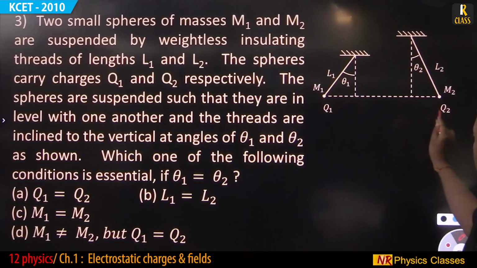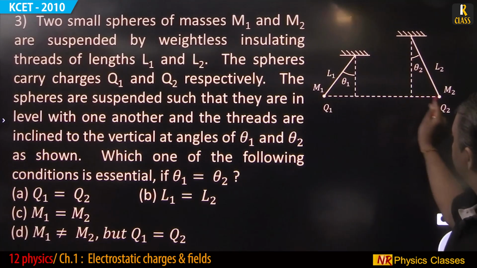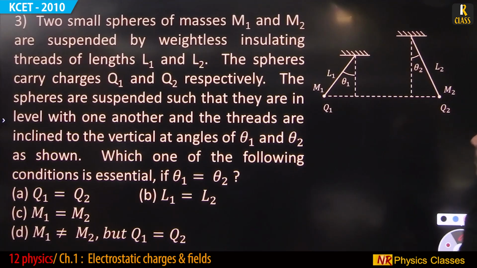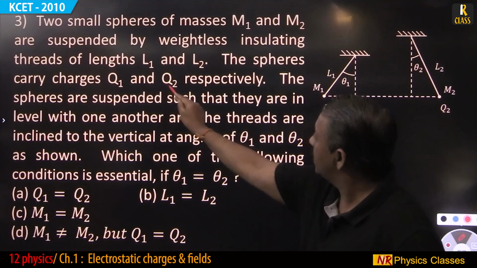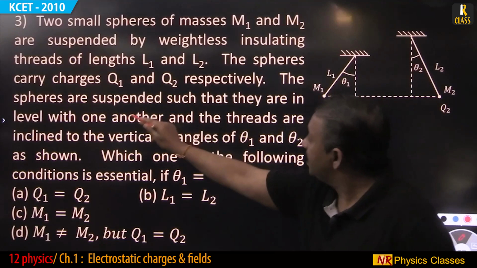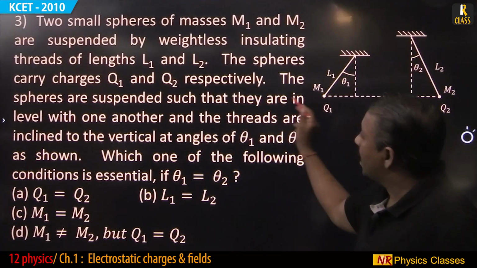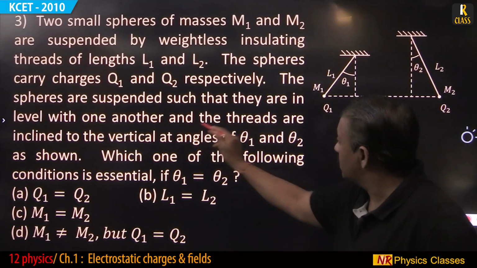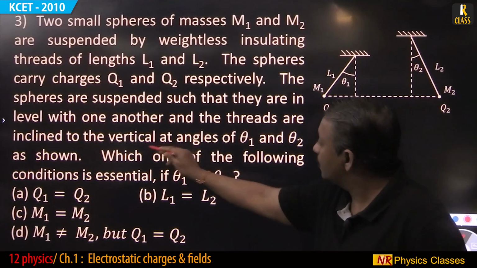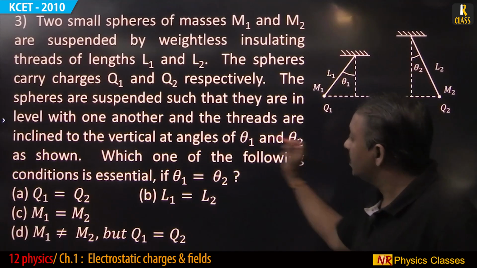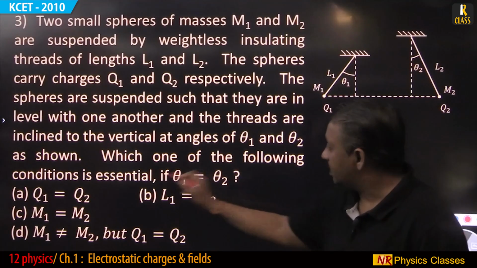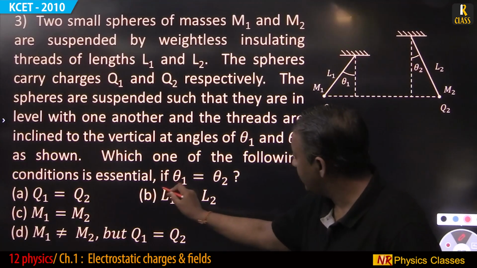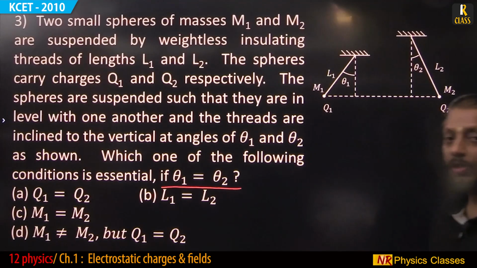Because these 2 are charged, there is repulsion between them. These spheres carry charges Q1 and Q2 respectively. The spheres are suspended such that they are in level with one another and the threads are inclined to the vertical at angles theta 1, theta 2 as shown. Which one of the following conditions is essential if theta 1 equals theta 2?